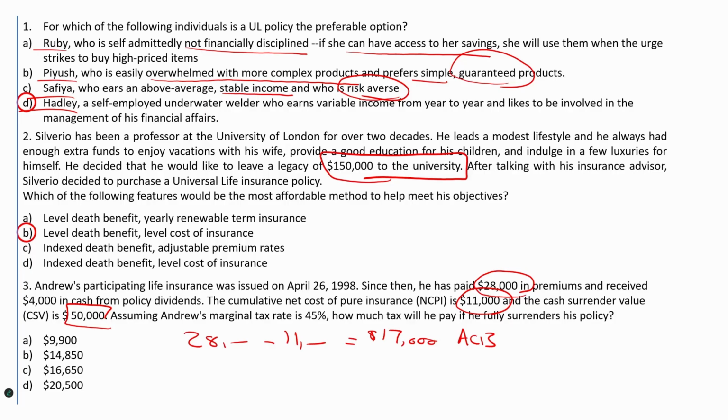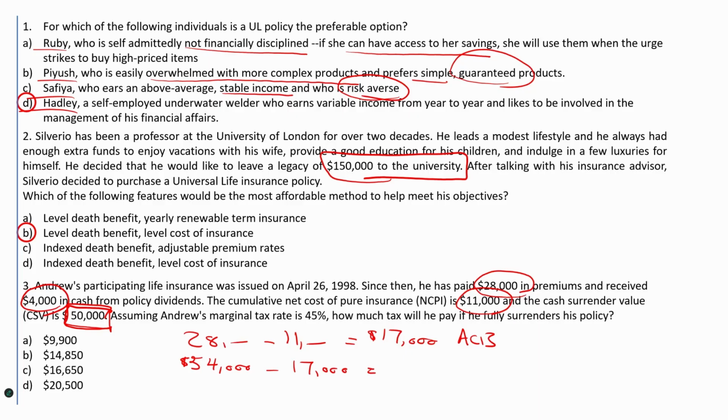Now, Andrew has $50,000 cash value, but remember that he also received $4,000 in dividends as well. So the sum of this is actually $54,000, right? That's how much he made, a $50,000 cash value and $4,000 dividends. So he has to pay tax on all of that, minus the ACB, which is $17,000. That would give us how much? Let me just take my calculator out.